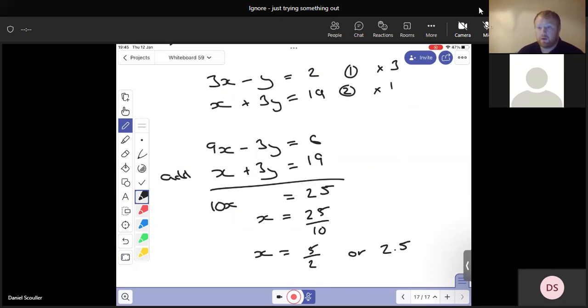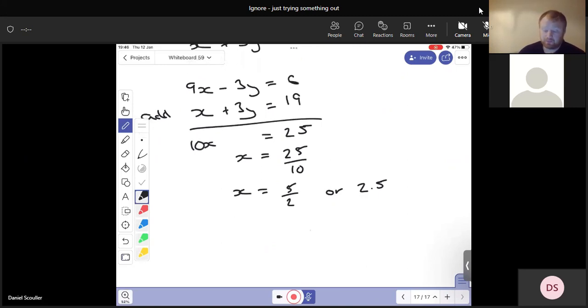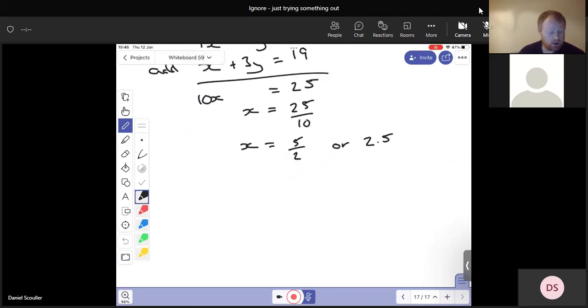Now that's a wee bit difficult in respect to there's a decimal there, but you'd be expected to do that sort of level in a non-calculator. So that's our x term. So our x as a coordinate is either going to be x equals 2.5, or we could write it as a fraction, x equals 5 over 2.